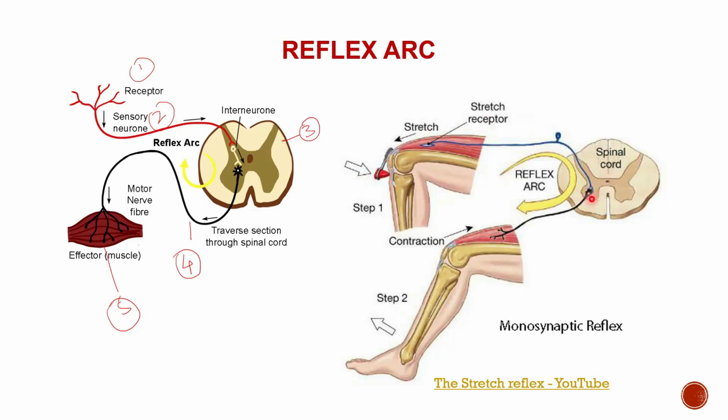They synapse directly onto the alpha motor neuron, and this alpha motor neuron is going to cause the contraction of the extensor. So contraction of the extensor is going to cause the extension of your limb. So this is an example of a simple stretch reflex.